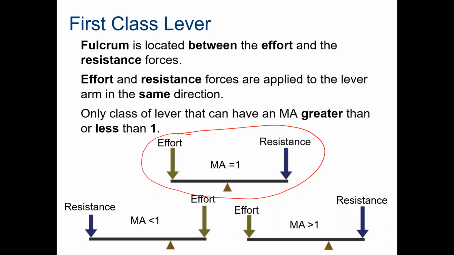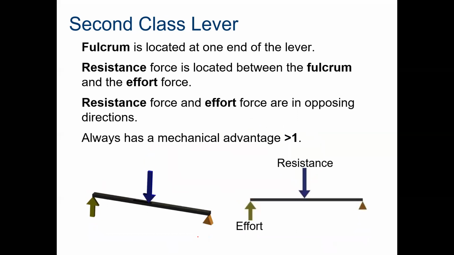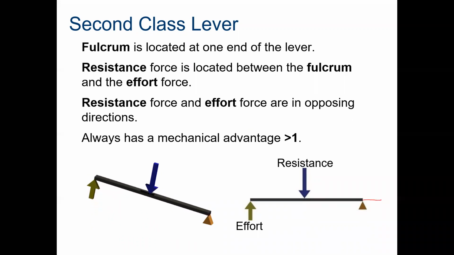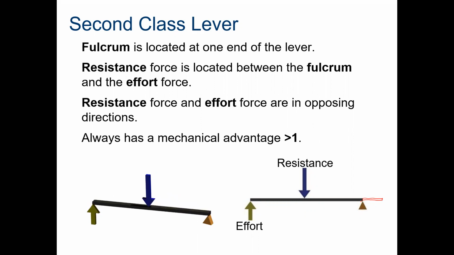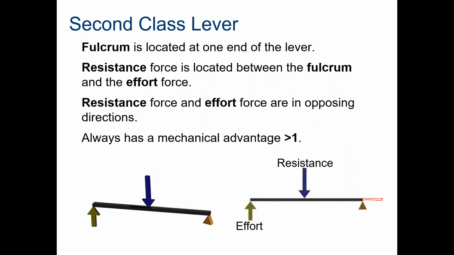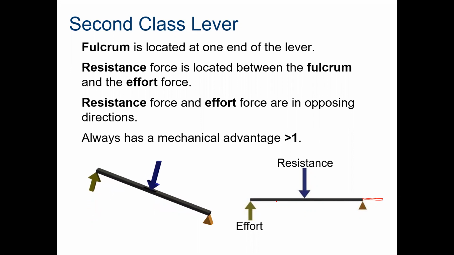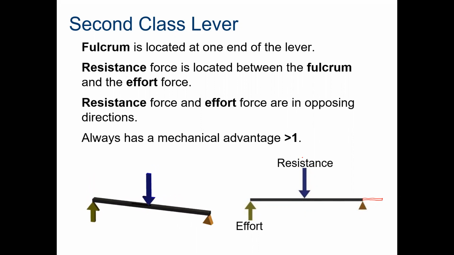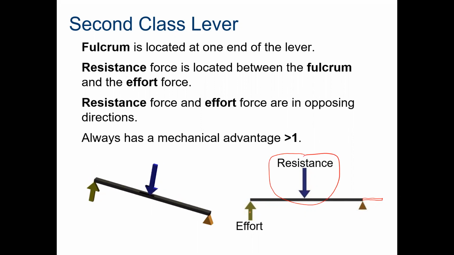The second class lever is where the fulcrum is located toward the end of the lever. It says it's at the end, but technically you probably could have a lever arm that extends this way somewhere. But your fulcrum is somewhere towards the end, and then your effort and resistance are both on one side of the fulcrum. And with a second class lever, the resistance force is between the effort force and the fulcrum.